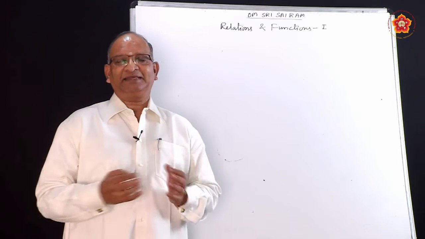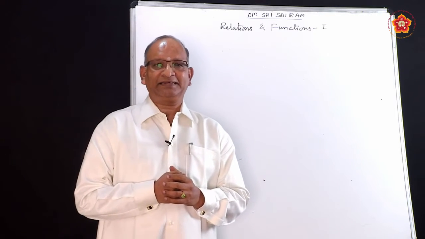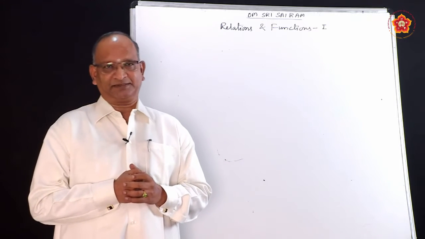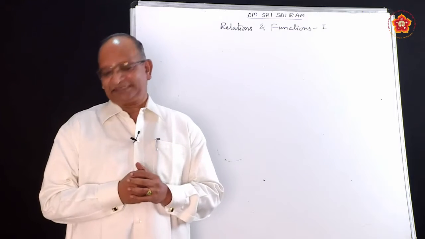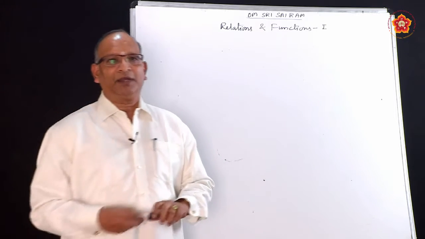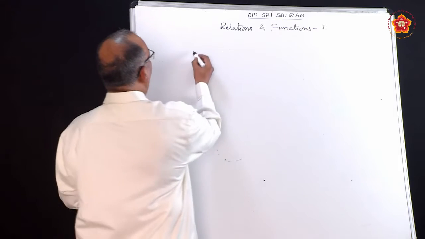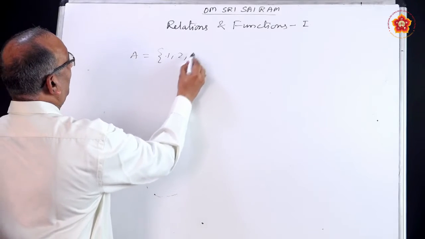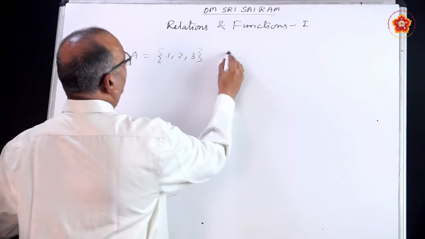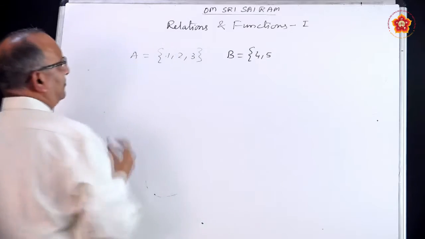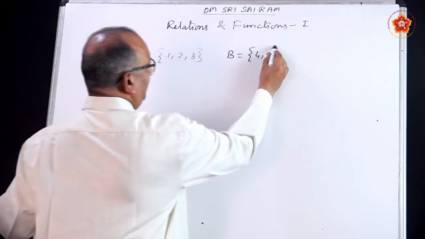How do we define a set? We say set is a well-defined class or collection of objects. In order to represent sets, we generally use capital letters. Let us say, for example, we have two sets here.